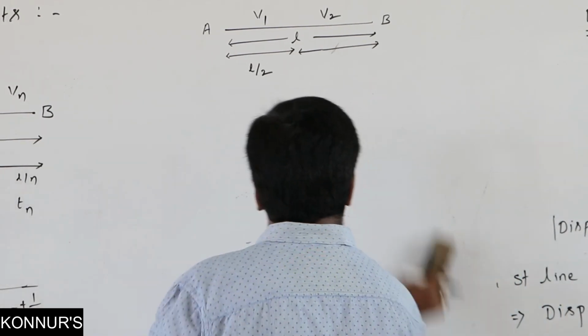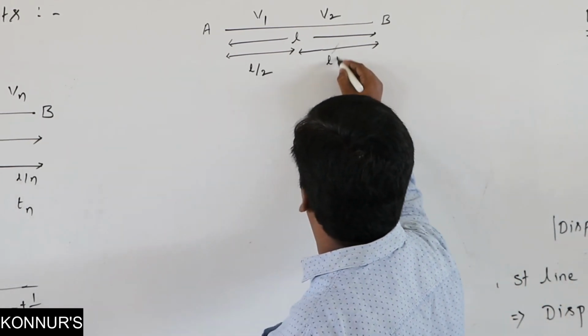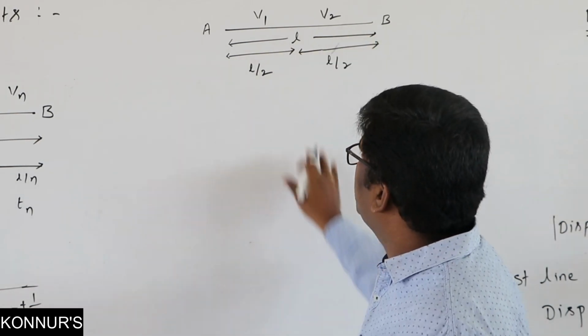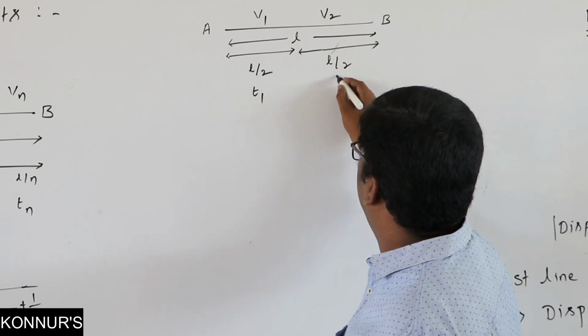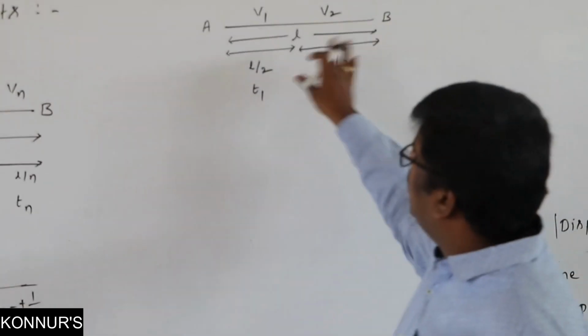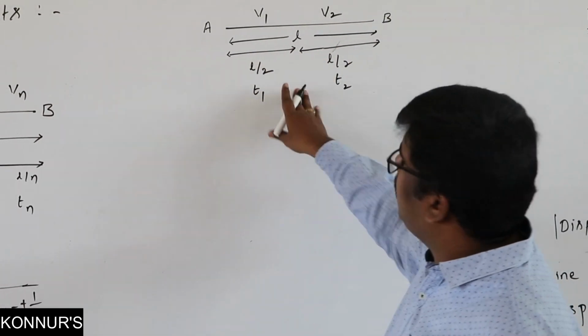The next L by 2 distance, it is traveling with a speed V2. The first L by 2 distance is traveled in the time interval T1, and the next L by 2 in the time interval T2. Earlier we discussed the time divided into equal parts.